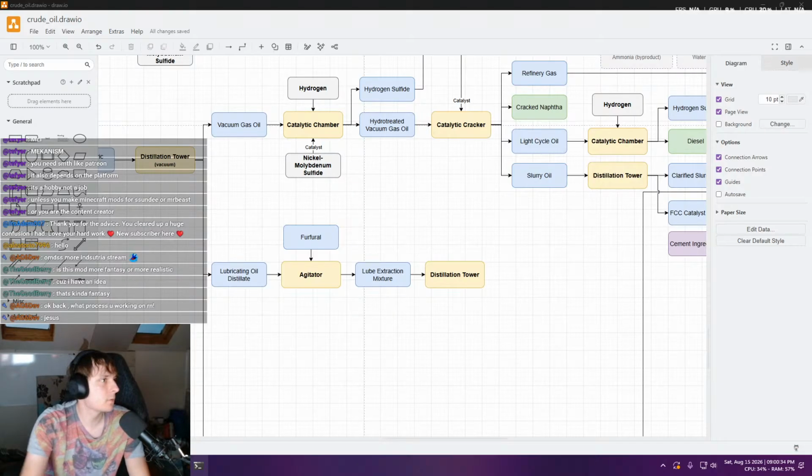What is this? So, oh. So apparently it gets us something called raffinate, which I've also never heard of.